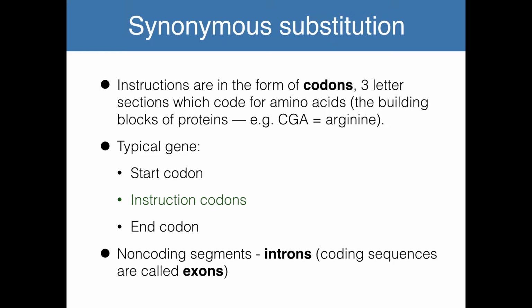So for example, CGA will make arginine. And a typical gene will have lots and lots of these codons. So it'll have a start codon that says gene starts here, then it'll have the instructions, and then it'll have a codon which says that's it, you've finished. Amongst this, you also have some non-coding bits as well, called introns.